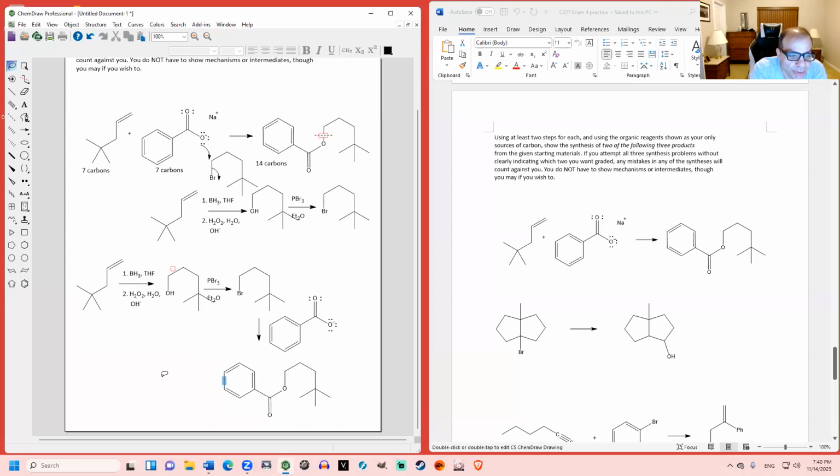So that's how you do a synthesis problem. You do it by working backwards from the product to the starting material. And you're asking at each step, what can I use to get this product that looks a little more like my starting material? So this is a 4-step synthesis.